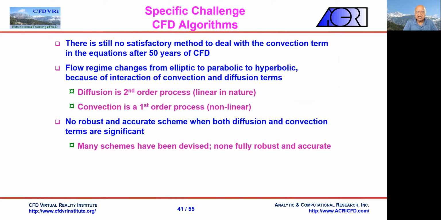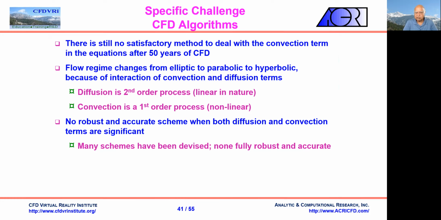There are some specific challenges that face us. One of those is the CFD algorithms. After 50 years of CFD, we still have no satisfactory method to deal with the convection terms in the equations. The flow regime changes from elliptic to parabolic to hyperbolic because of interaction between convection and diffusion terms.